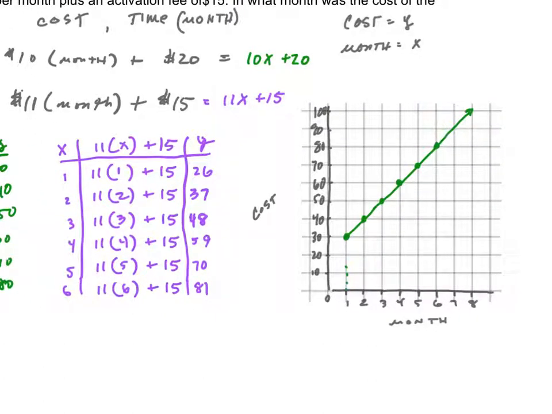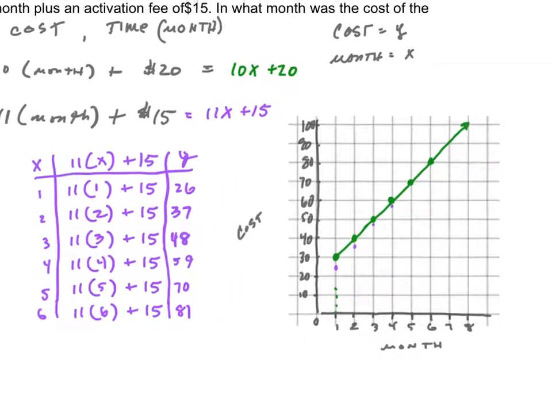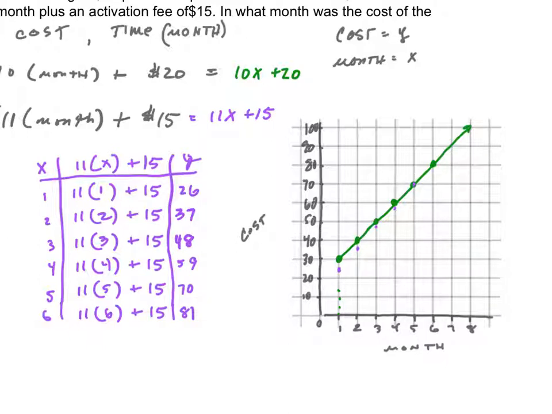But let's see here, 1 month and 26 is going to be approximately there. 2 months and 37 will be approximately there. 3 months and 48, right there. 4 months and 59. And then finally, we get really close here at 5 months and 70. All right, looks like we found an intersection point, and then it starts to get a little bit more costly. At 6 months, it's going to be about 81, and it's going to continue getting larger.